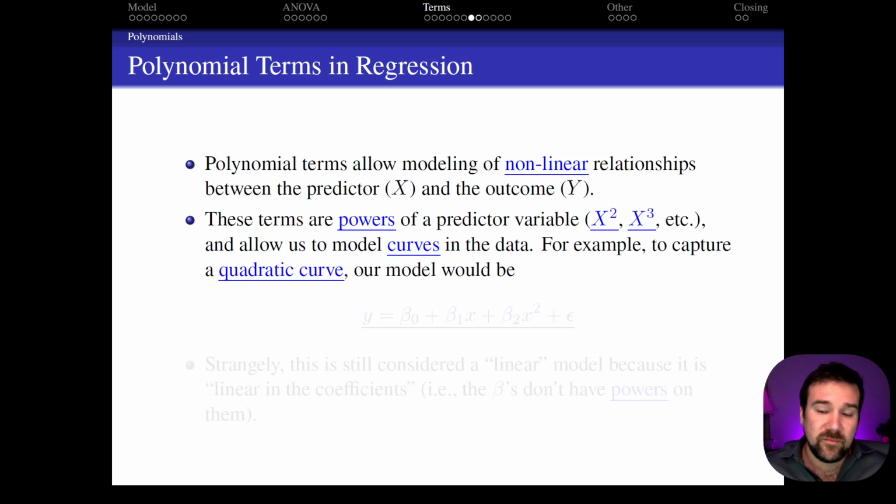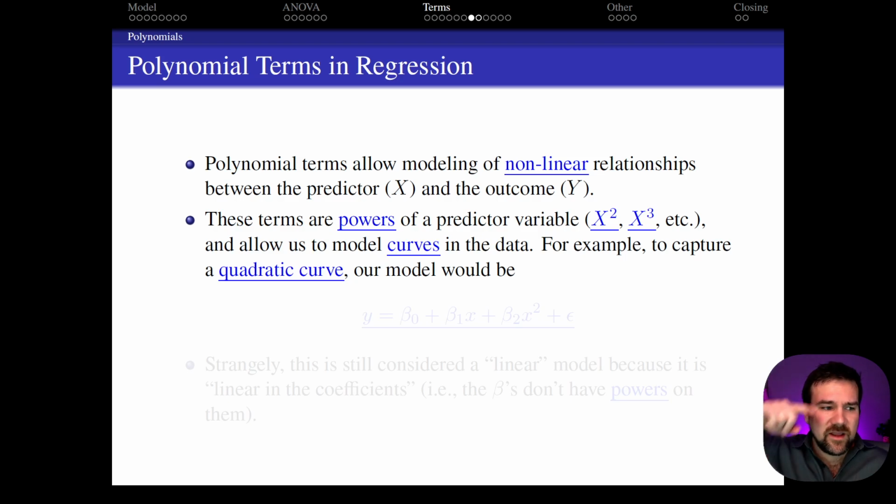These are powers of a predictor variable. So I take an independent variable, and if I have multiple independent variables, I can do this with one of them. I could do this with all of them. And I raise it to different powers, say x squared or x to the third. And again, this lets me model curvilinear relationships, relationships that look like curves.